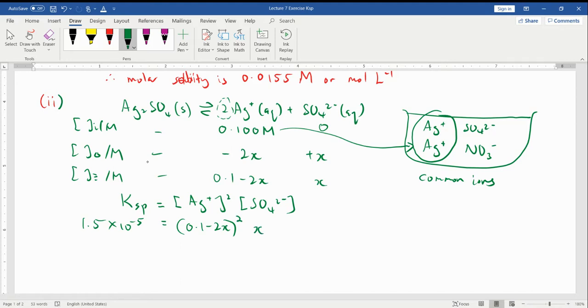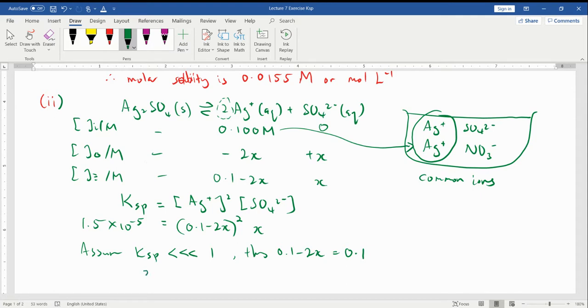If you don't want to solve in the quadratic way, we can assume Ksp is much less than 1, thus 0.1 minus 2x will equal 0.1.